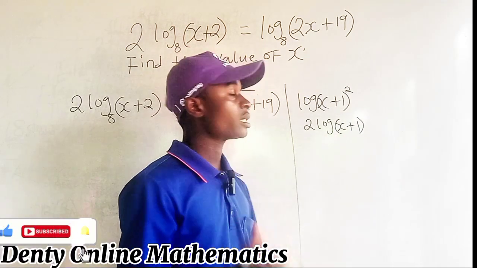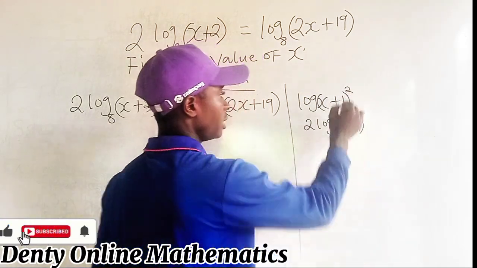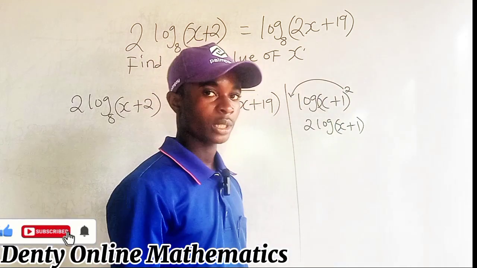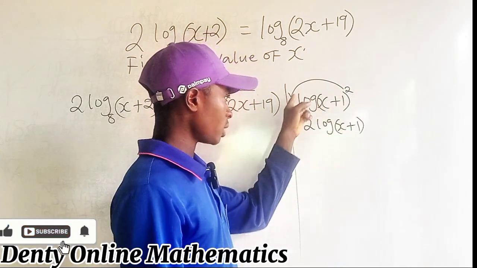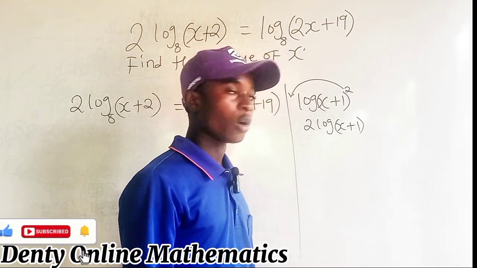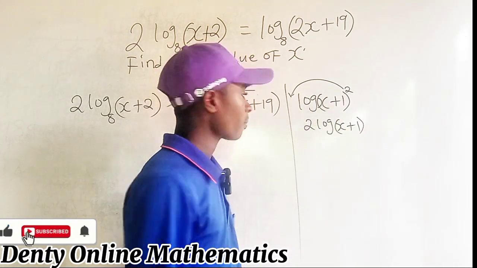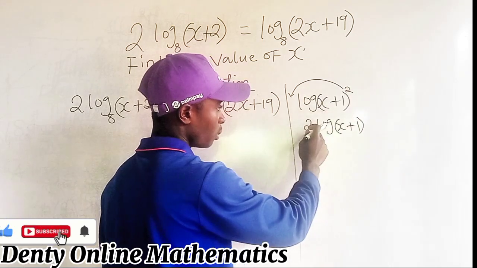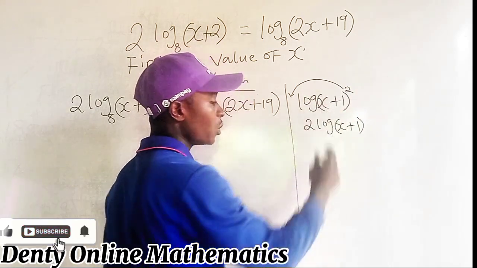What this means is the exponent here, this 2 here, can multiply the logarithm. You get the 2 here can multiply the log of (x plus 1). So that's why you have 2 log (x plus 1). The 2 here has been brought down to multiply the whole logarithm.